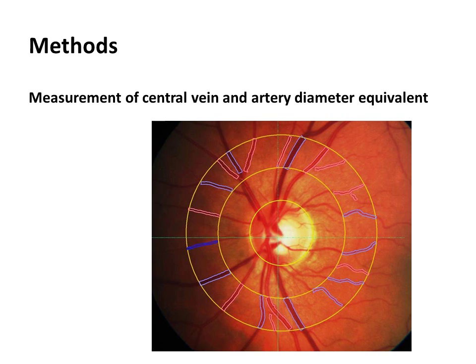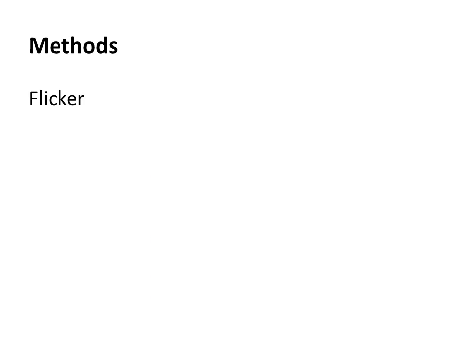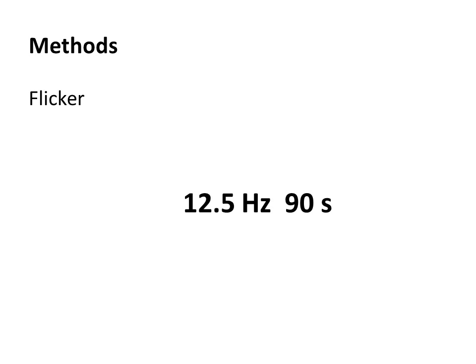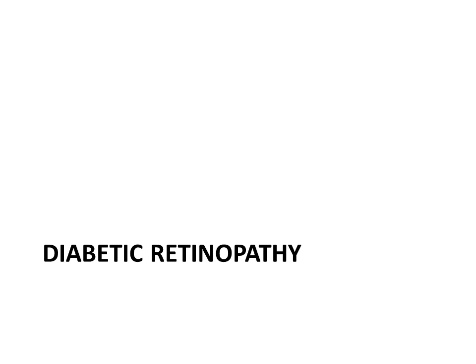Furthermore, we measured the diameters and calculated the central arterial and venous diameter equivalent according to the formula given by Parr and modified by Hubbard. Then, after the baseline measurement, we apply the flicker for 90 seconds with a frequency of 12.5 Hertz, and do the measurement once more during the flicker.